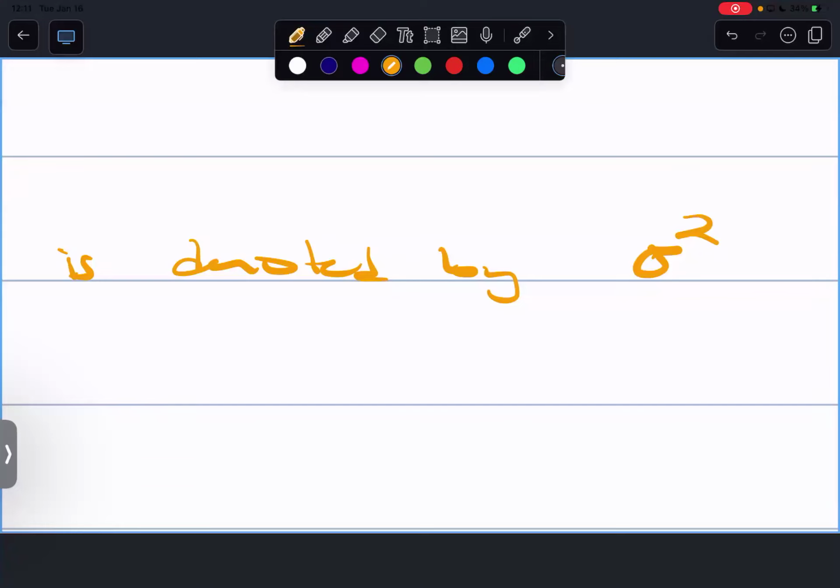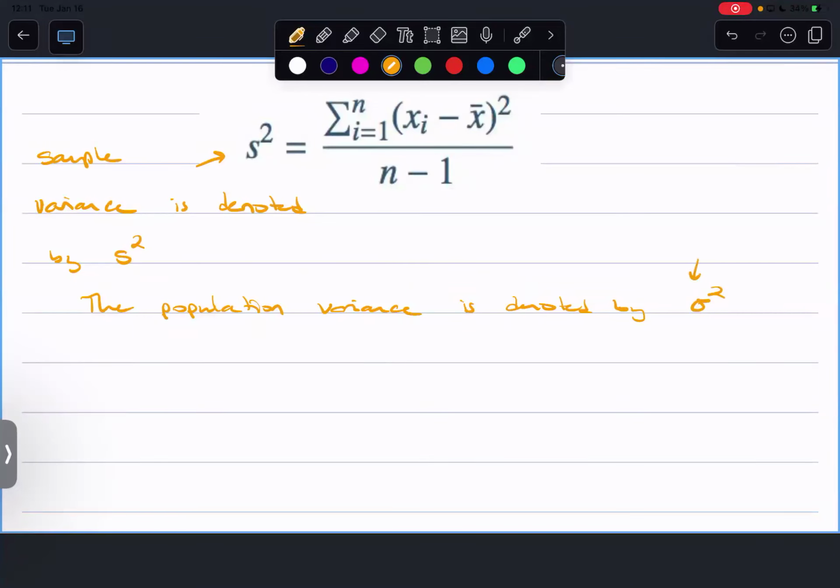So lowercase sigma squared. Remember, this is a capital sigma. How did it go from this to this? I don't know. But this is a lowercase sigma squared.